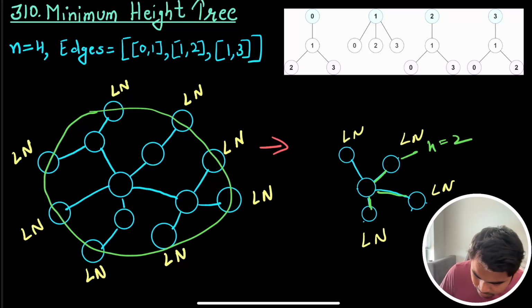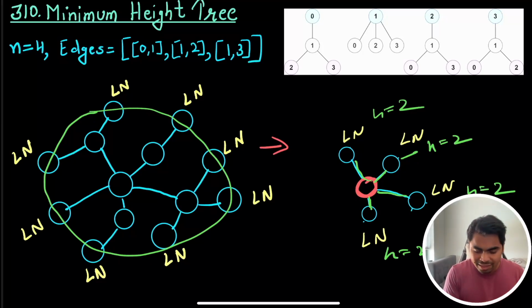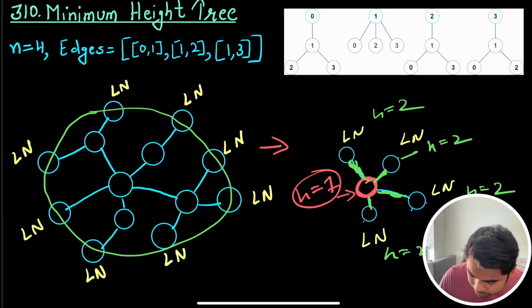Choosing this one gives me the height of 2. So all these leaf nodes give me the height of 2, except just this one node right in the center that gives me height equals 1. Why? Because all the other nodes are connected at just one level away. So this one right here, this one, this one, this one.